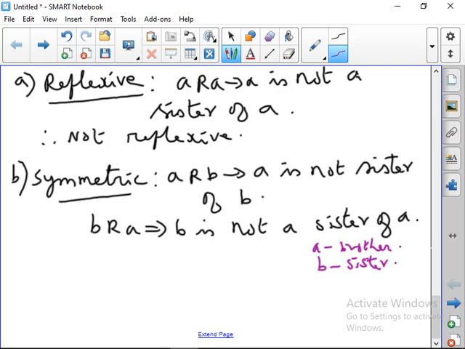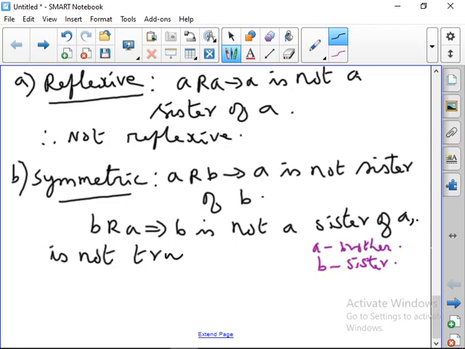A is brother and B is sister. Then is A not a sister? It is true. Then is B not a sister? It is not true, because B is a sister of A. So B is not a sister of A is not true here.